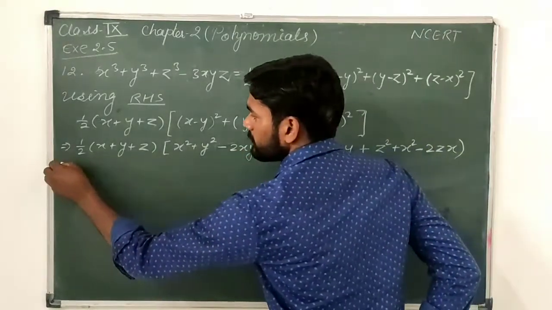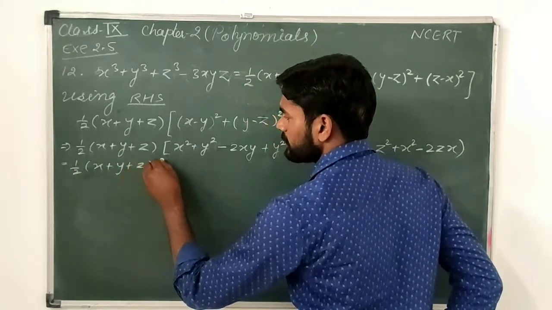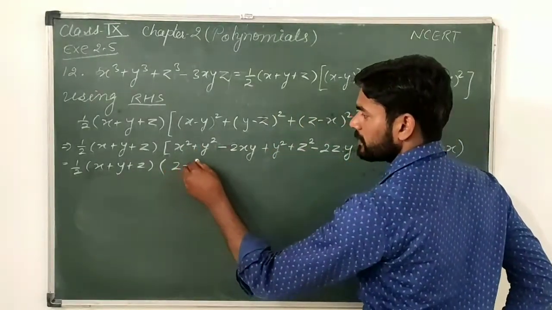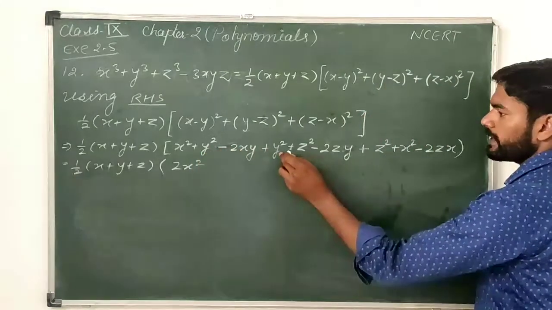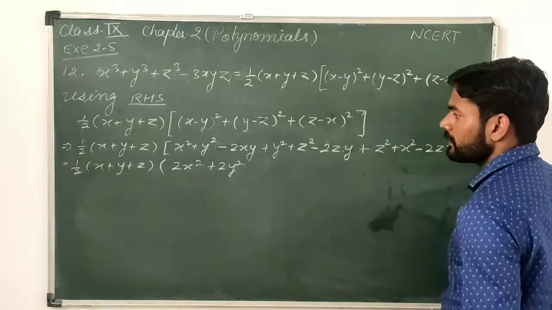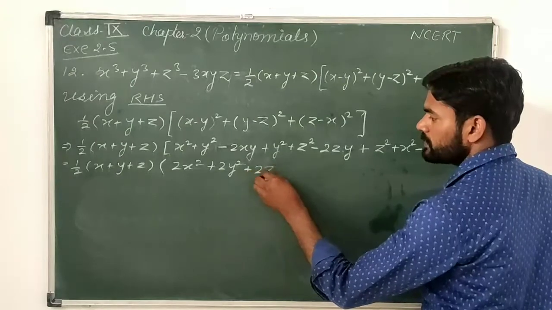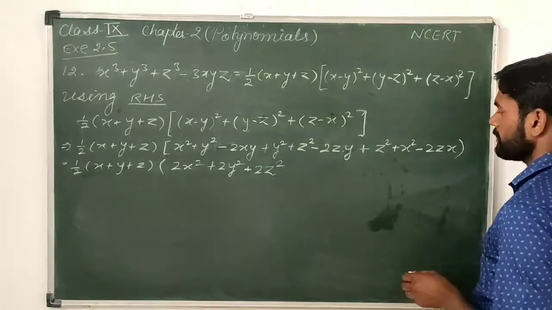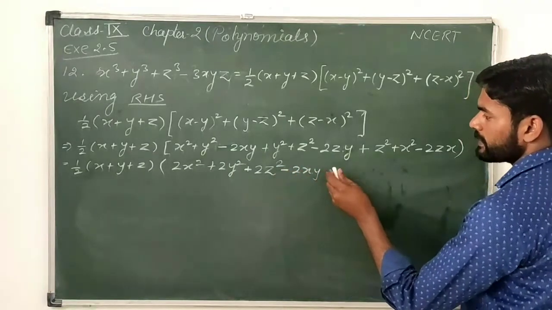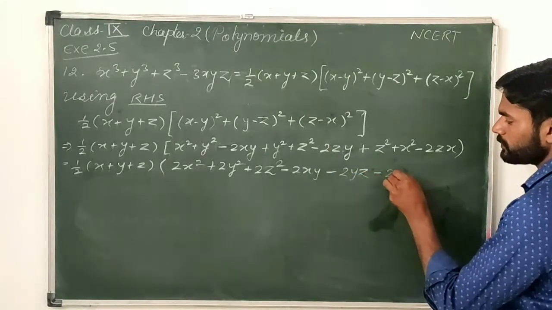Simplify this. Half (x plus y plus z): x square and x square make 2x square, y square and y square make 2y square, z square and z square make 2z square, minus 2xy, minus 2yz, minus 2zx.